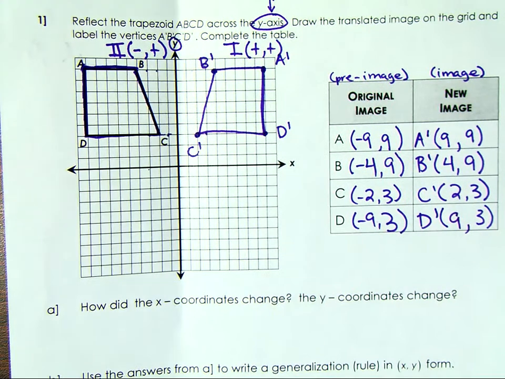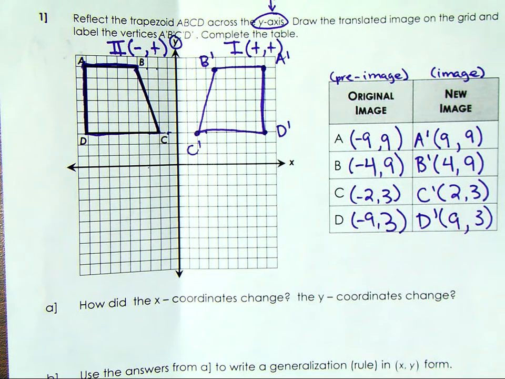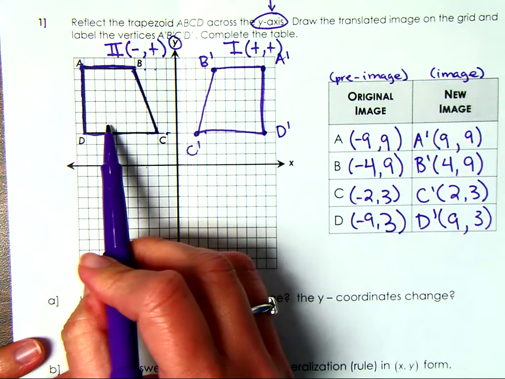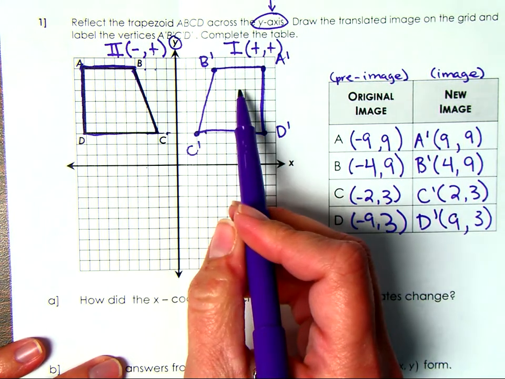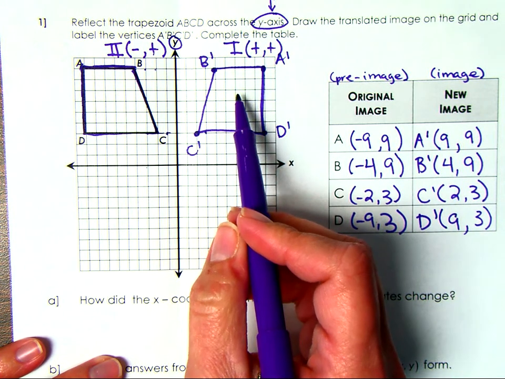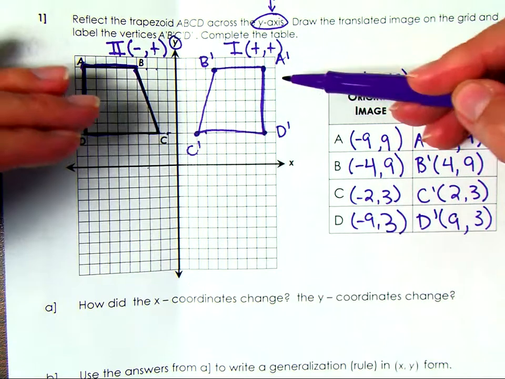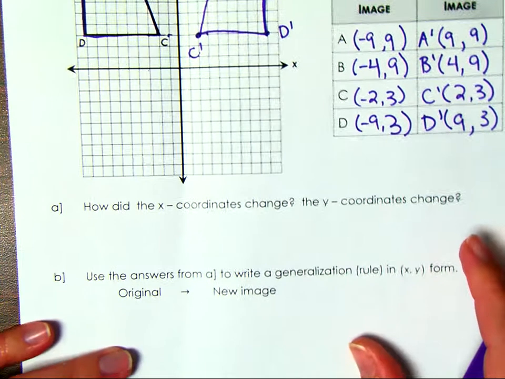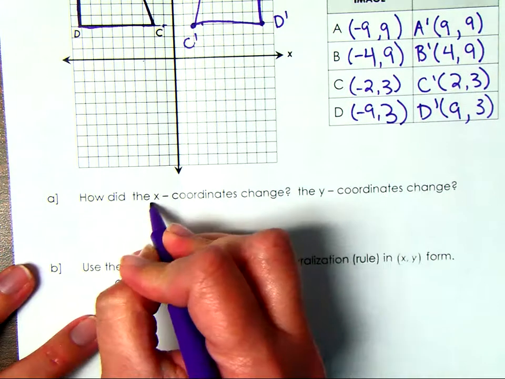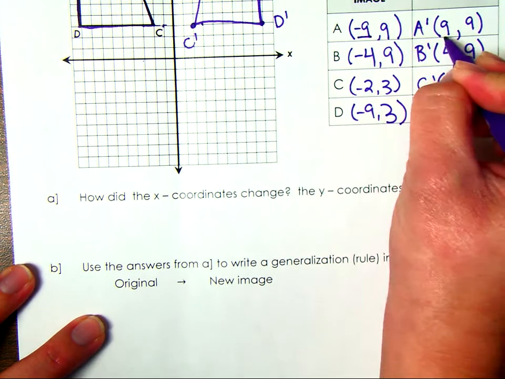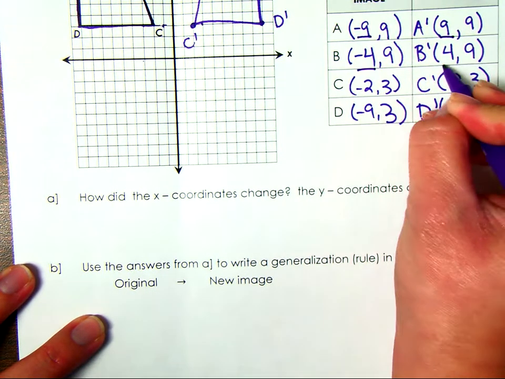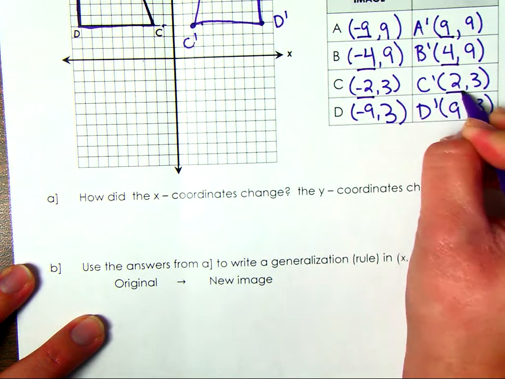Okay? So let's think about what we're looking at. If we're in quadrant 2 and we reflect over the y-axis, we're going to be in quadrant 1. Both of them are the same height, so let's see what happened. How did your x coordinates change? Well, negative 9, 9. Negative 4, 4. Negative 2, 2.